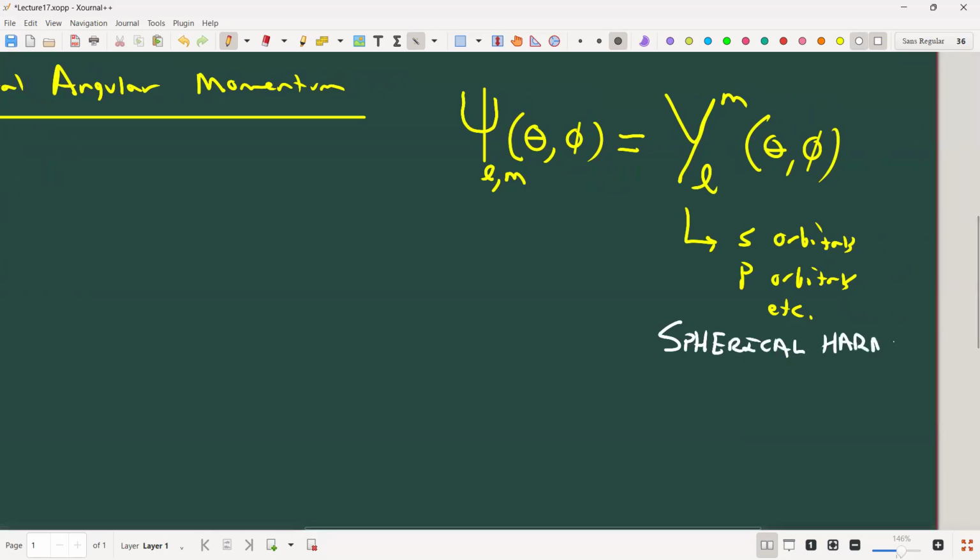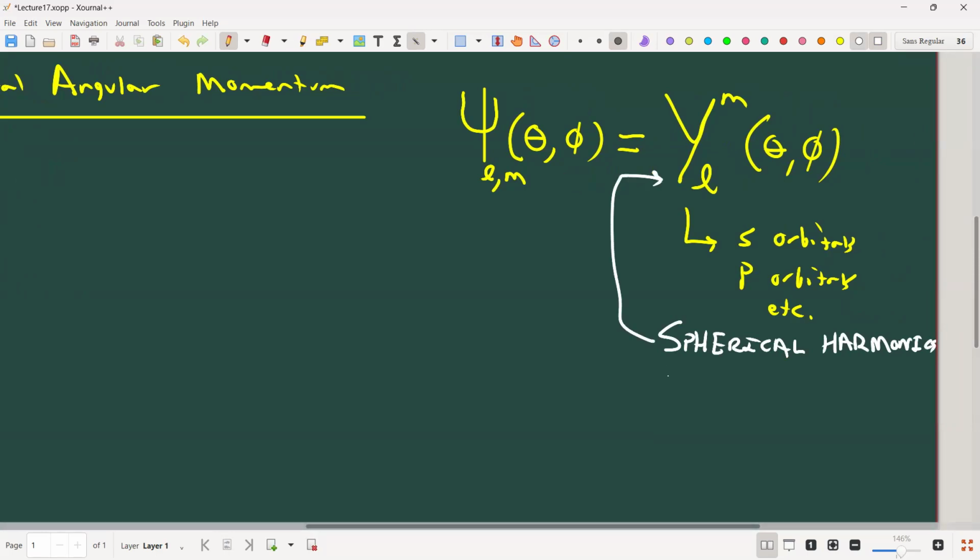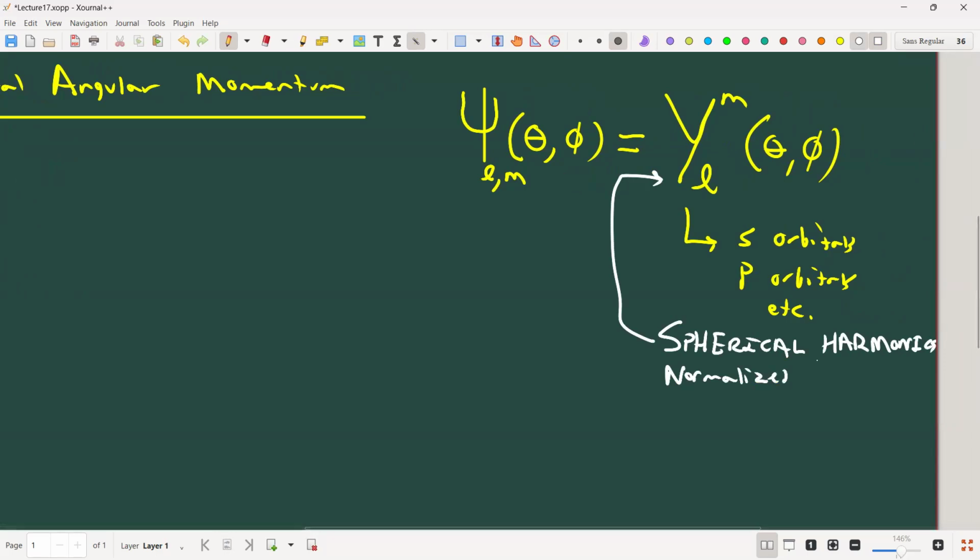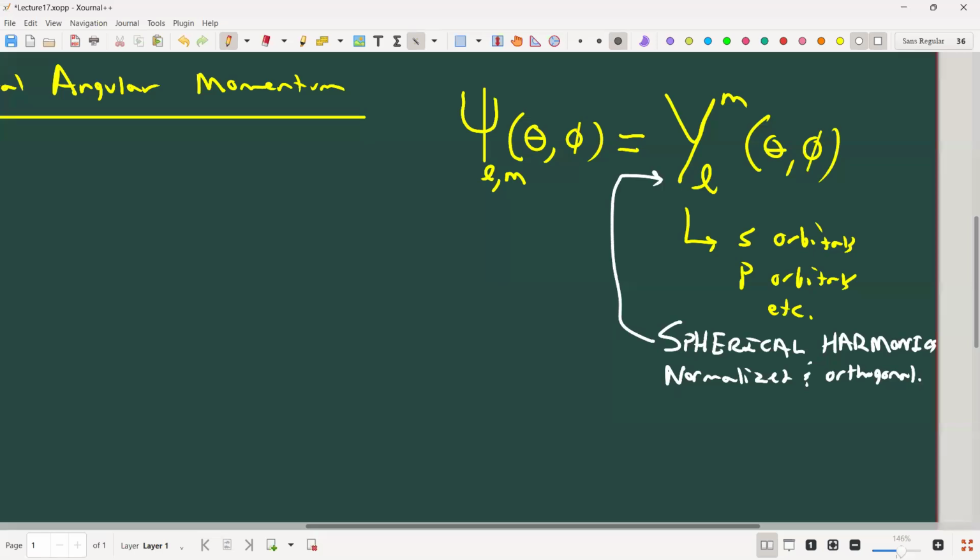And they're just like every other wave function, they're normalized and orthogonal. Just like any wave function, they satisfy all the properties of a wave function. And they're tabulated. You can find them on Wikipedia or in a book or something like that.